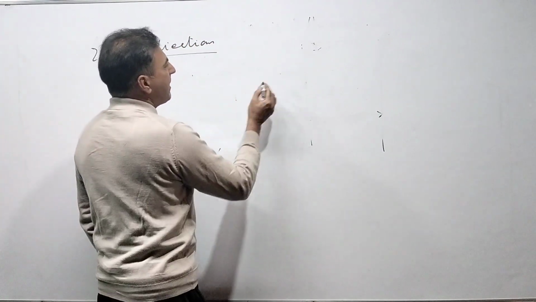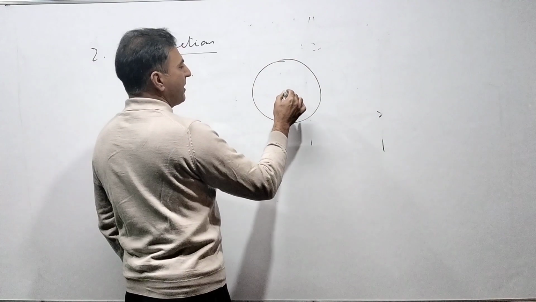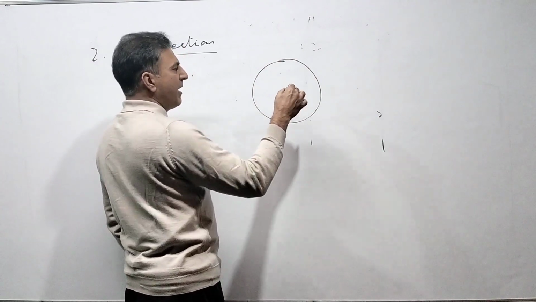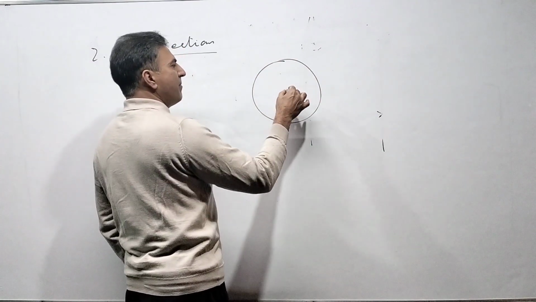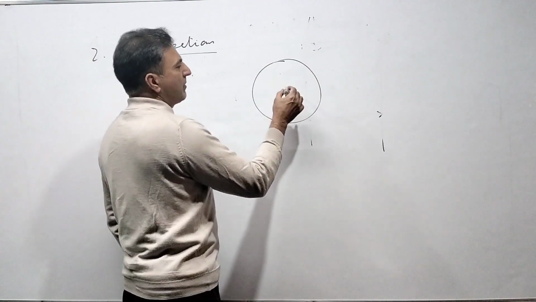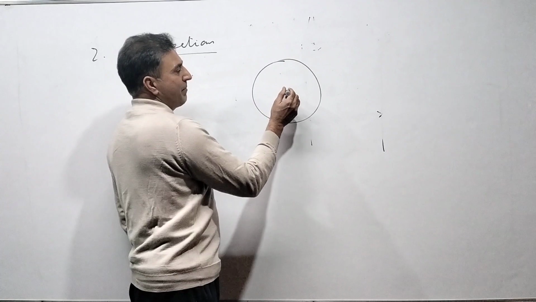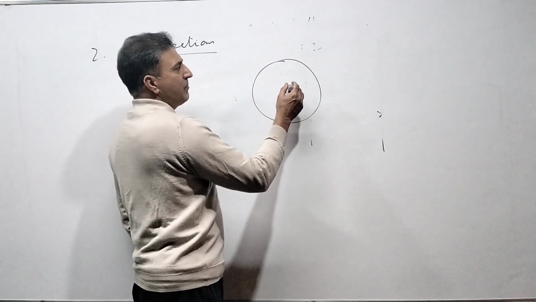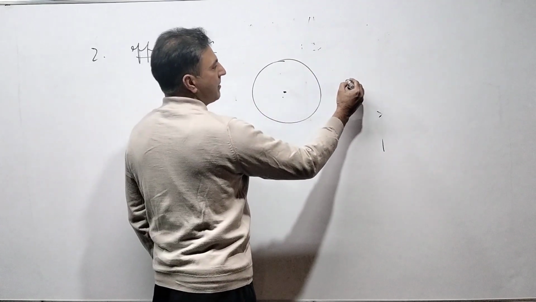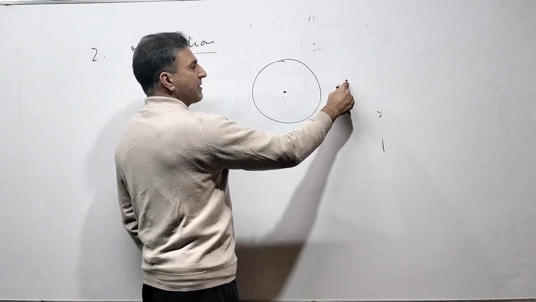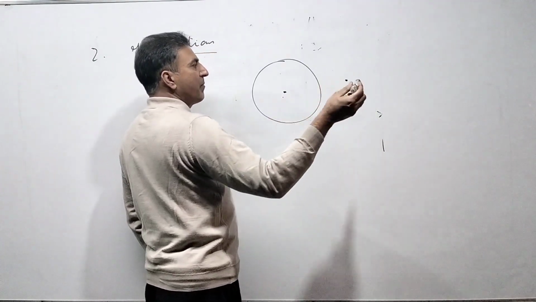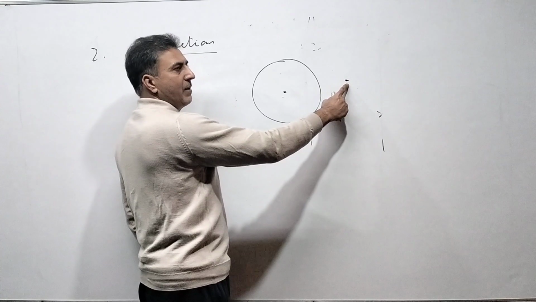Suppose मेरे पास ये रिंग है, you know this is the center of mass and this axis passes through the center of mass. That axis is perpendicular to the plane of the board. It is also perpendicular to the plane of the ring, but passes through this. What's the moment of inertia about this axis? But this axis and this axis, they are parallel. This line is also perpendicular to the plane of the board.